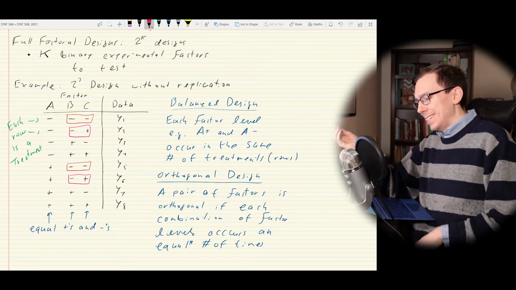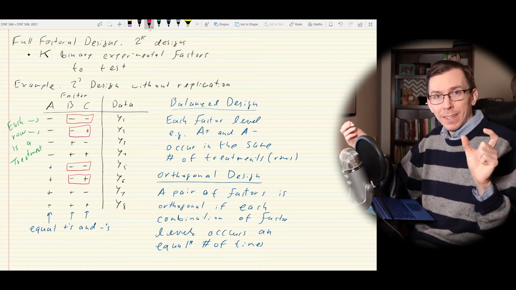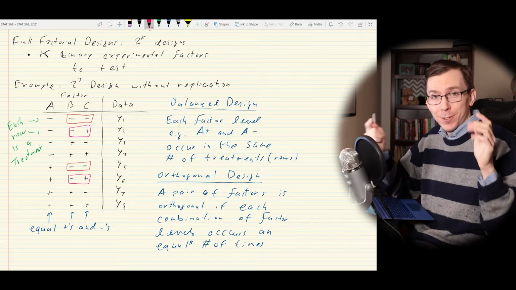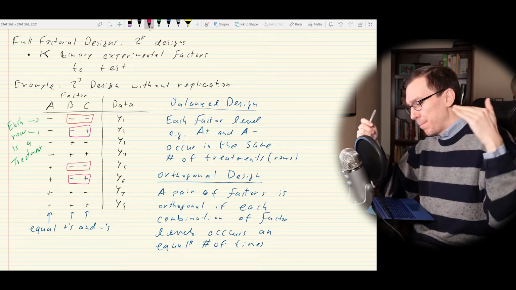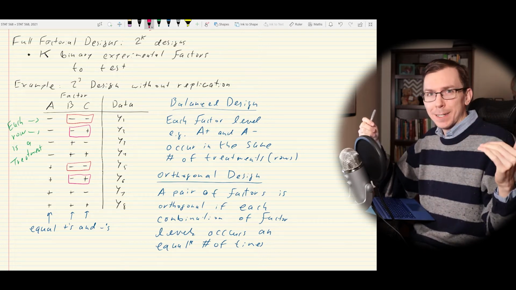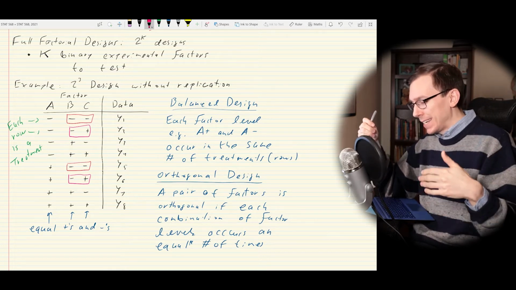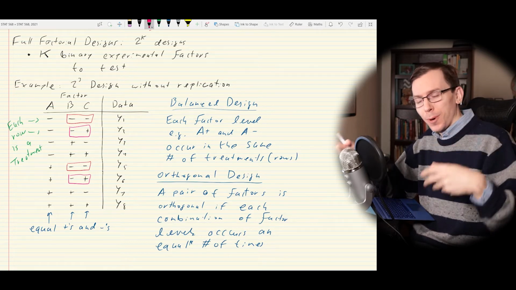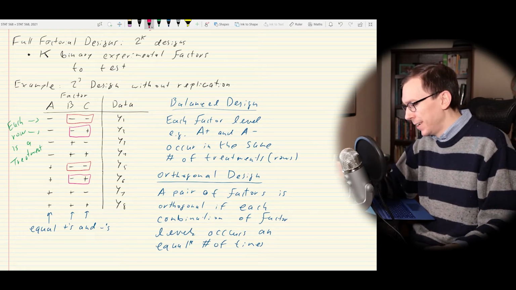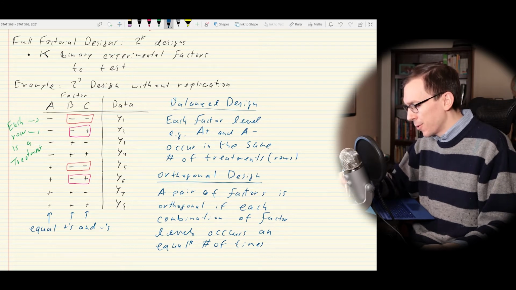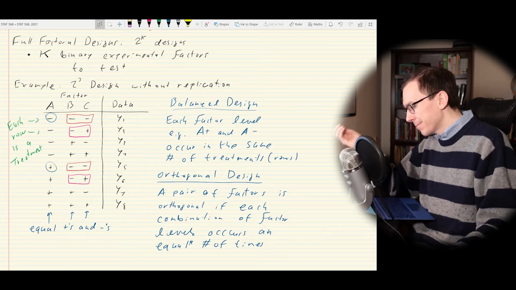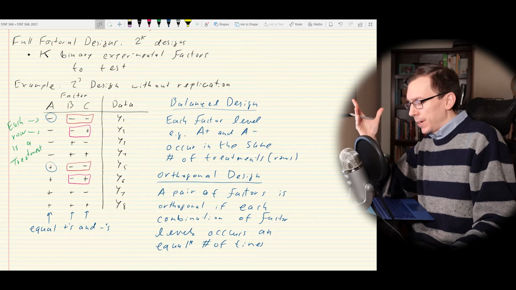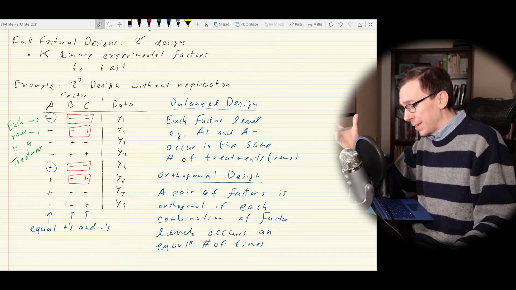So the point is that every combination of factor levels, with two factors, that is, occurs twice in this design. So minus minus occurs twice, minus plus occurs twice, plus minus and plus plus each occur twice. And specifically, they occur with differing values for A. So here we have minus minus with A minus, and here we have minus minus with A plus. So that's really where this idea of orthogonality is coming from.